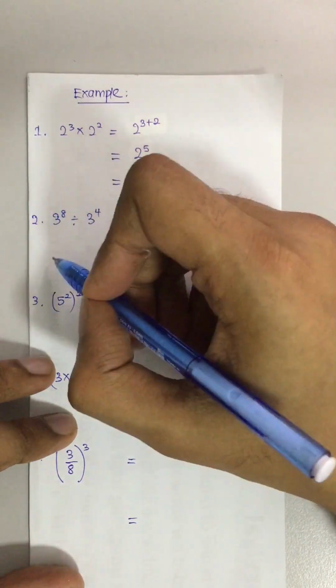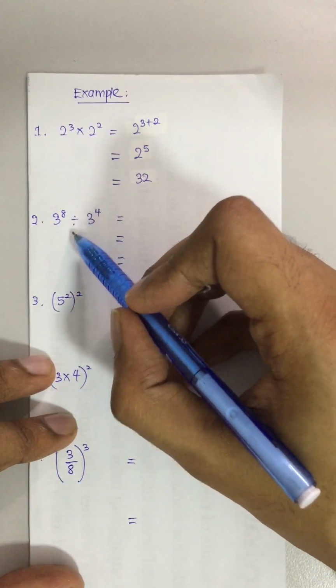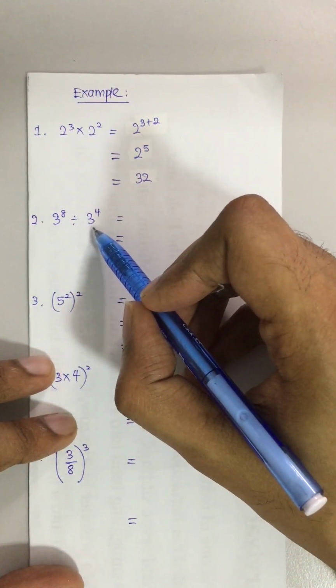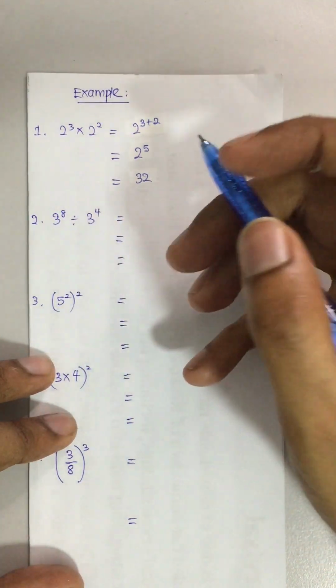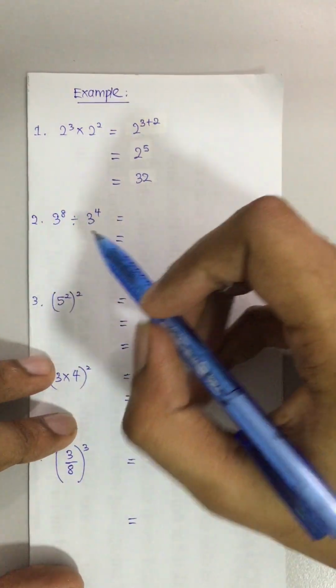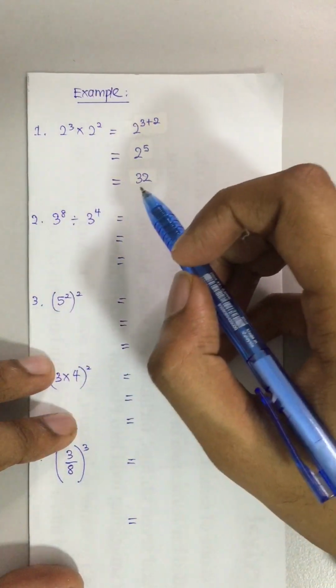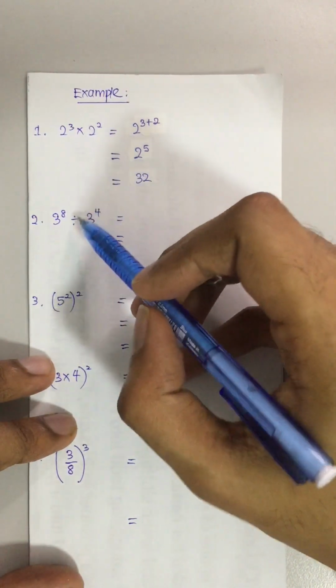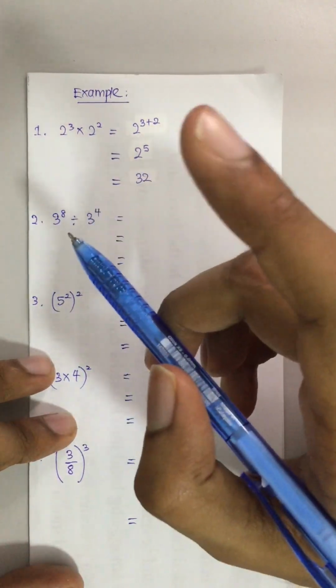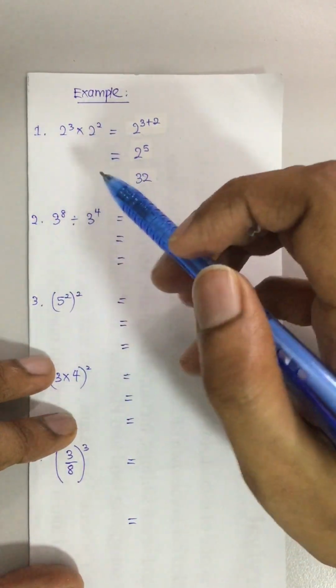Let us proceed to the second one, which involves division with the same base. 3 to the power of 8 divided by 3 to the power of 4. How are you going to solve? It's very simple. The powers you just minus. For times you plus them, for divide you minus, but the base must be the same.